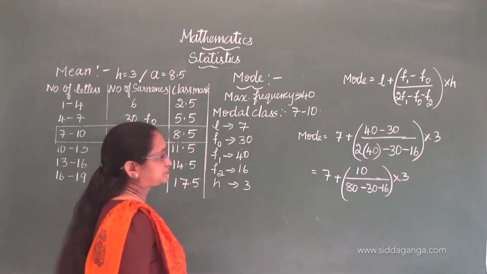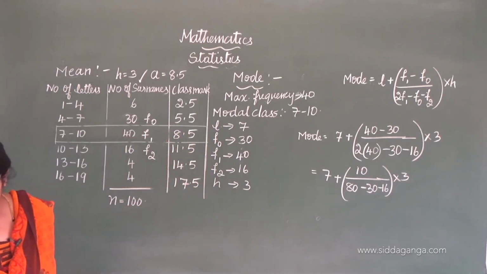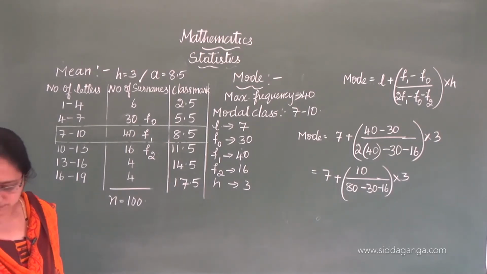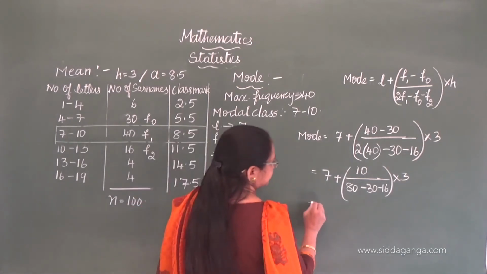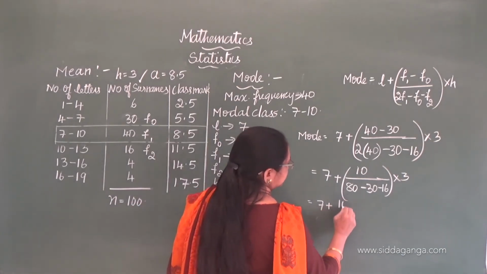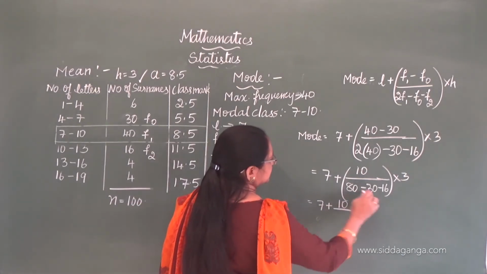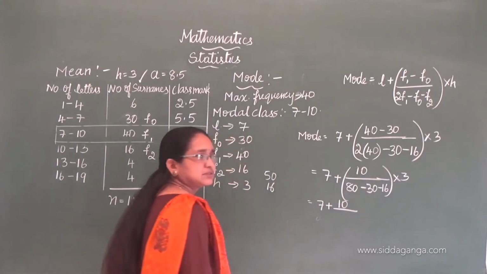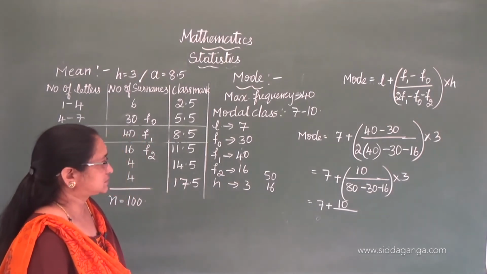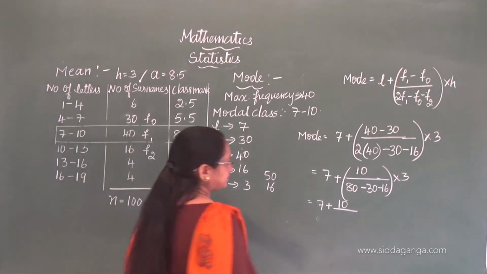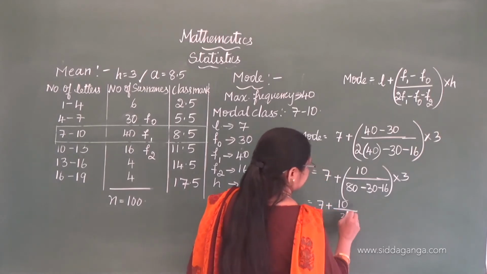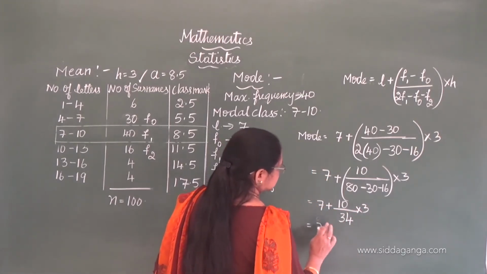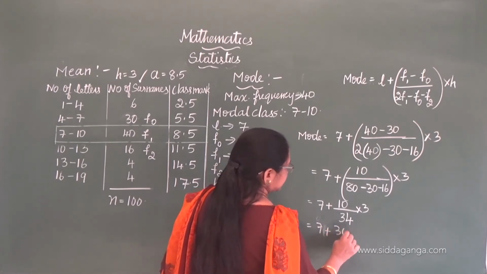Now, 80 minus 30 is 50, 50 minus 16 is 34, and here into 3. So, this will be 7 plus 30 divided by 34.